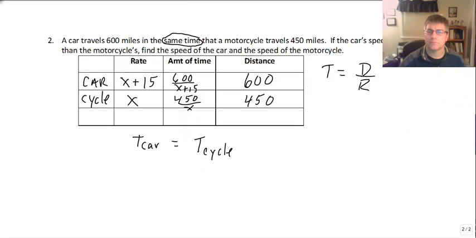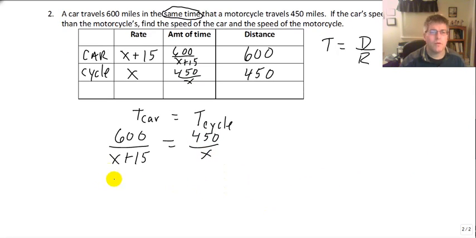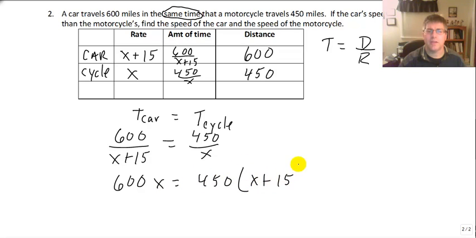So 600, the time of the car, or its distance divided by its rate, equals the time of the cycle, its distance divided by its rate. We cross multiply, we get 600x equals 450 times the quantity of x plus 15.